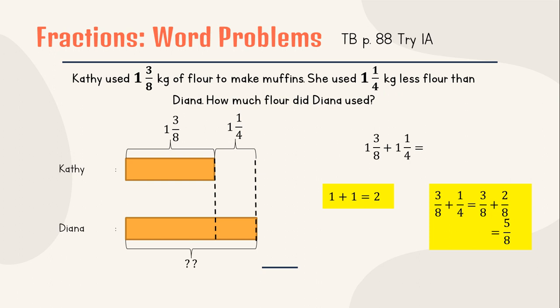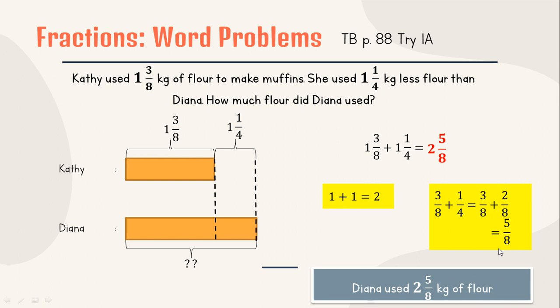So 8 and 4, the same denominator that we can use is 8. It will be 5/8. Don't forget, after you add whole numbers and fractions, you gotta combine them together, and it will be 2 5/8. So Diana used 2 5/8 kilograms of flour.